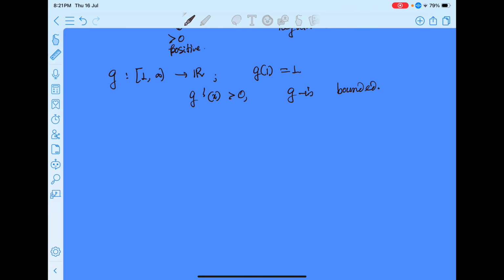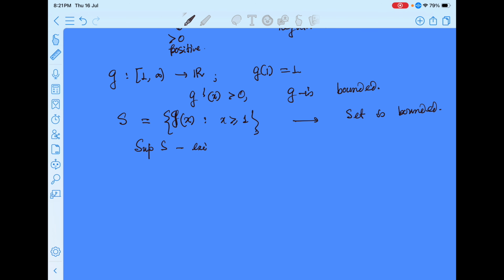So why then does the limit exist? Let us assume S to be the set g(x) for x greater than or equal to 1. This set is bounded. So bounded means the supremum of S exists.